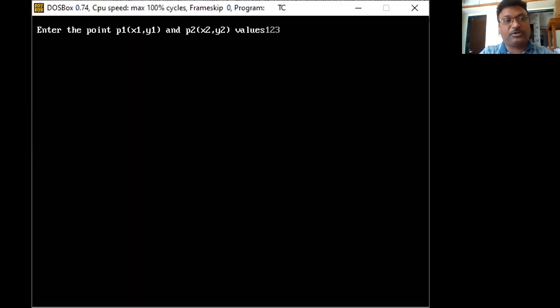Here 1 2 3 is my first coordinate, then 91, and I am increasing in the y direction, suppose with 11 and 31. That means 123 is the largest endpoint and 1131 is the smallest point. That line is going to start from 123, 91 and end at 11, 31.